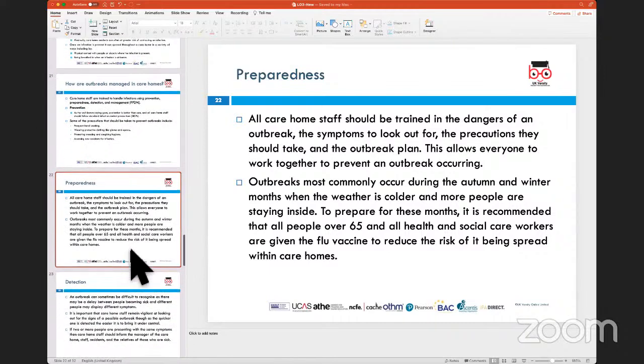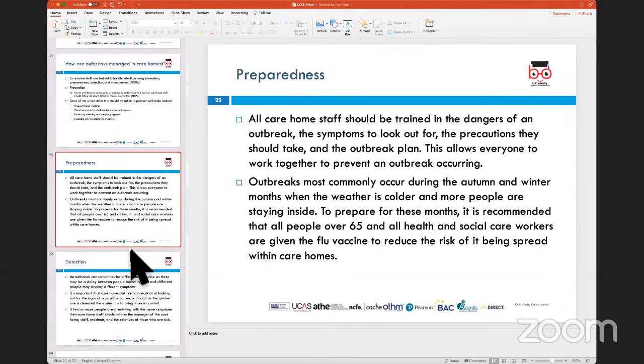Now, preparedness comes from training and development. If you're new and working as a new member of staff within a care home, or you're already an experienced member of staff, a lot of us did not face any pandemic or weren't aware of COVID-19 as a virus. So this was a brand new disease or virus which had manifested, and obviously we weren't prepared for it.